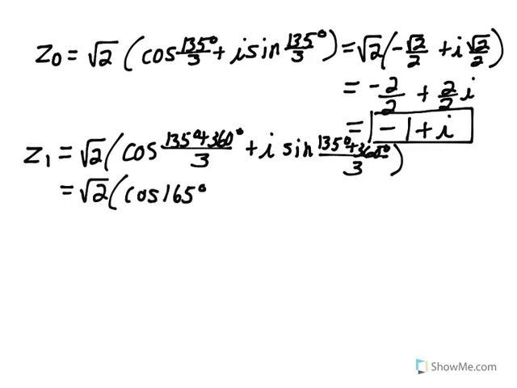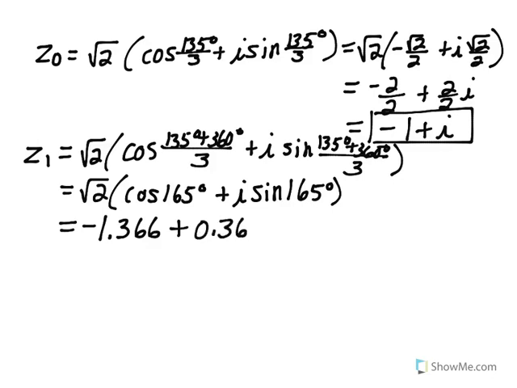Since we get 165 when we divide in this case, and that's not something that we know an exact value for, we will just get an approximate. So negative 1.366 plus 0.366i. That's our second root.